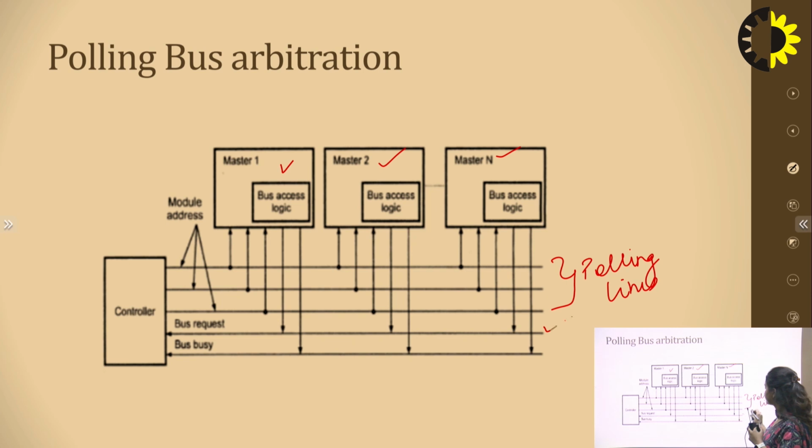We have again the bus request signal and the bus busy signal. Bus busy is a kind of acknowledgement to indicate to the controller whether the bus is occupied by a device or not.